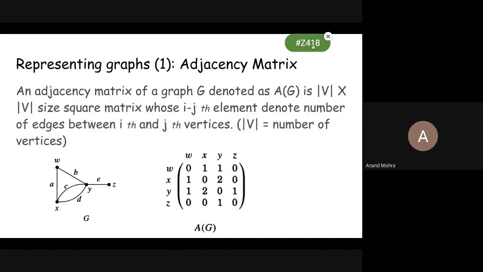Now, how do you represent a graph? You might have already seen this in the courses. This is more of a mathematical way to represent, and the adjacency matrix is one of them.